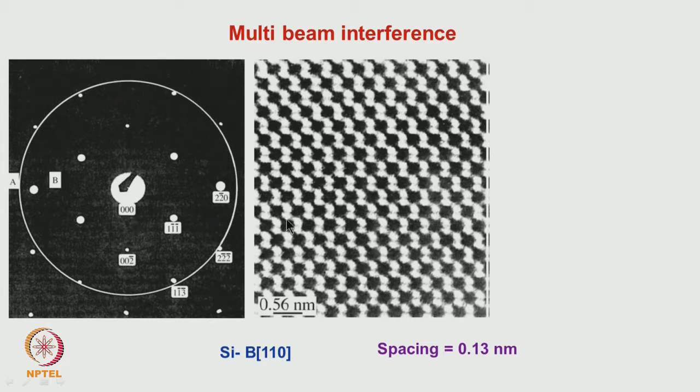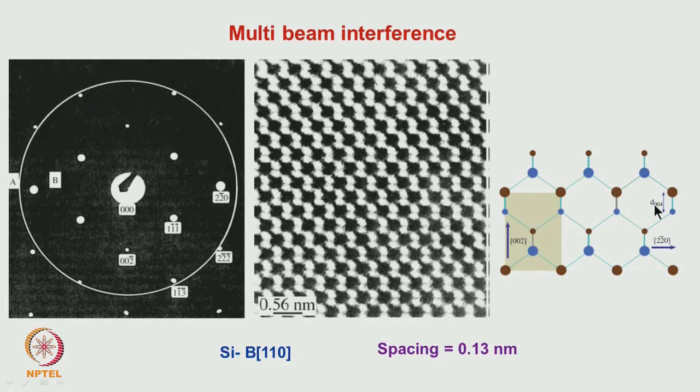In this, the separation between them corresponds to actually d004, that is, the 004 planes. But if you look at the diffraction spots which have been used to cause interference, we have not used 004, only 002. Then how does this d004 appear?